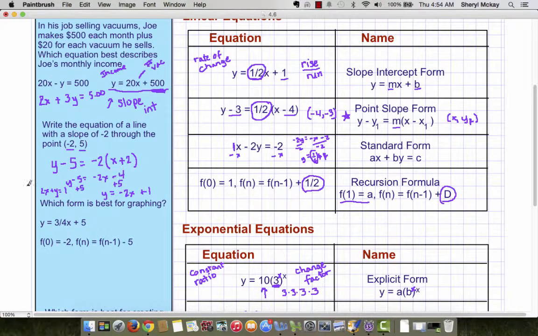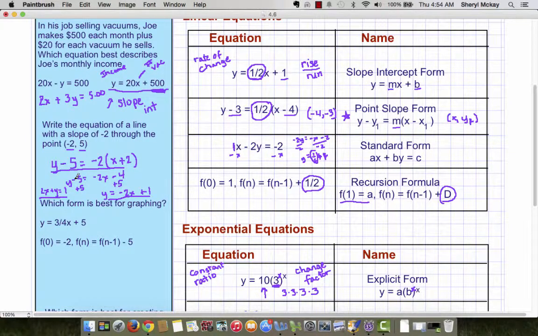Okay? So all 3 are equations. That's the point-slope form, that's the standard form, and that's the slope-intercept form. Okay? So when you're given a slope and a point, probably trying to use point-slope form is a great way to get it set up.